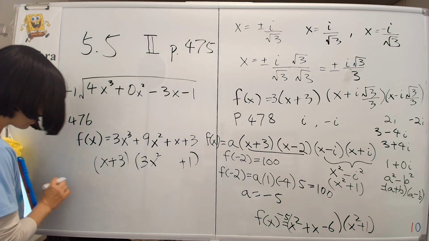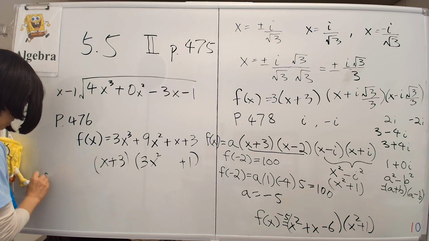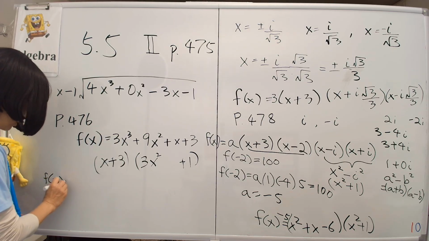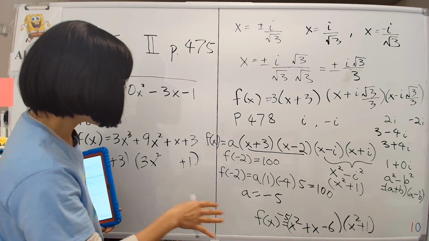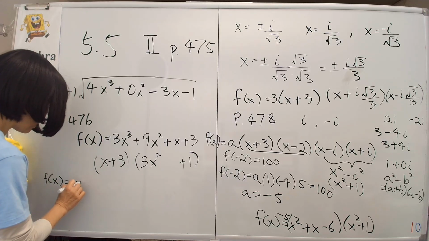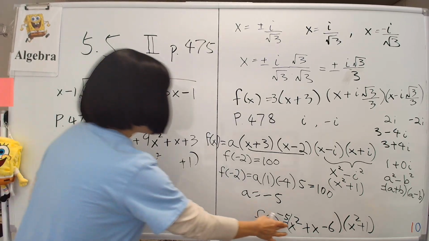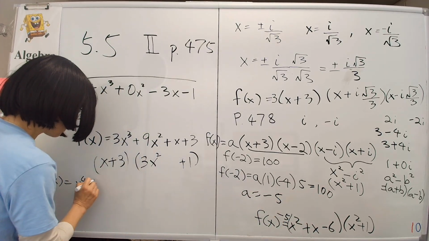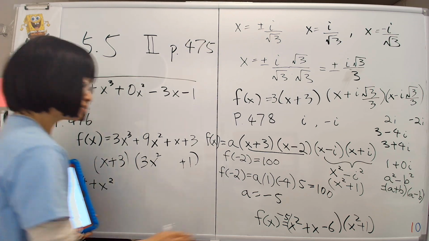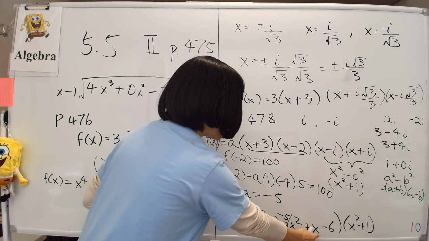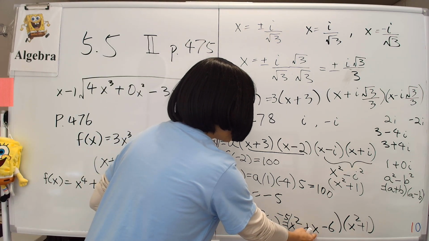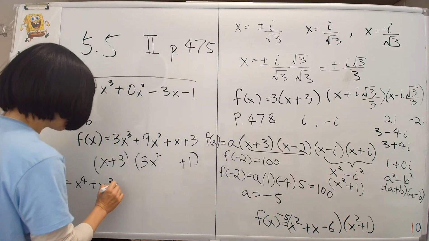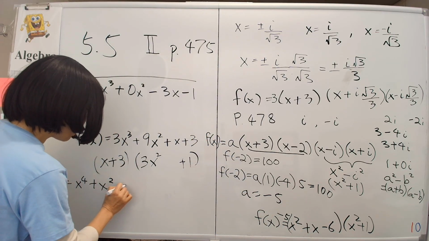So that gives us, I'll write it down over here, f of x equal to x squared times x squared is x to the power 4. X squared times 1, that's x squared. First guy done. Next, second guy stands up to shake hands. Plus x times x squared, that's plus x to the power 3.